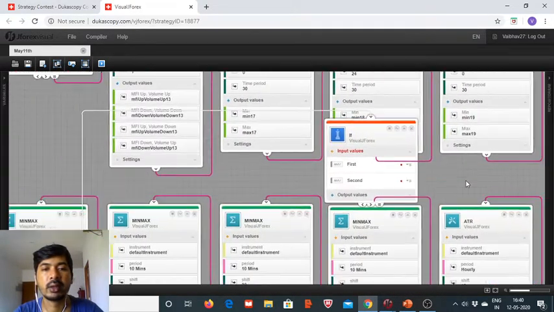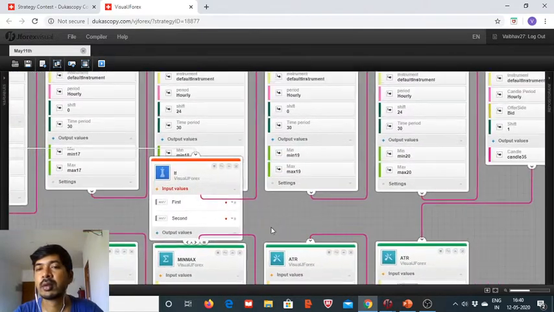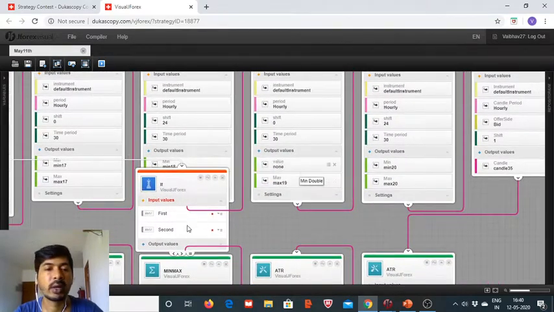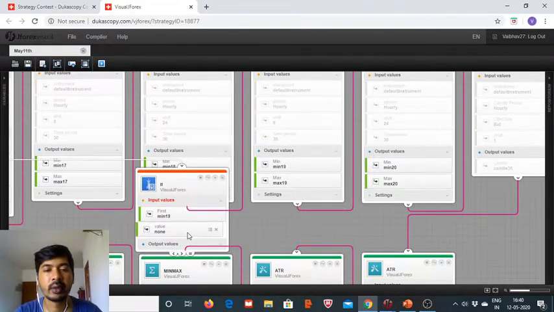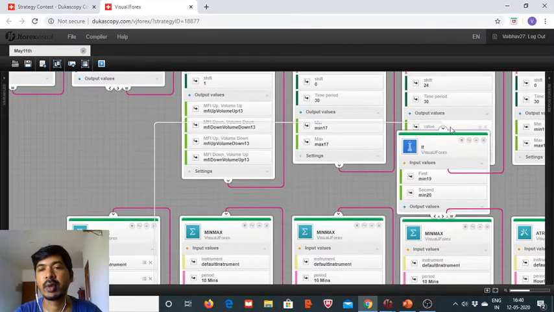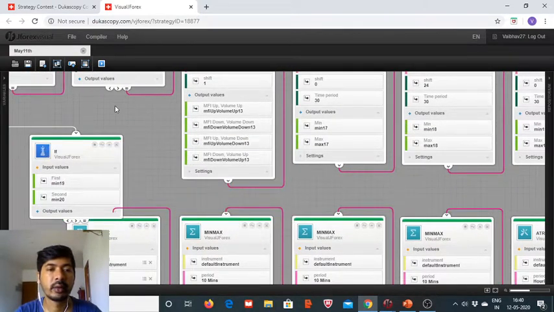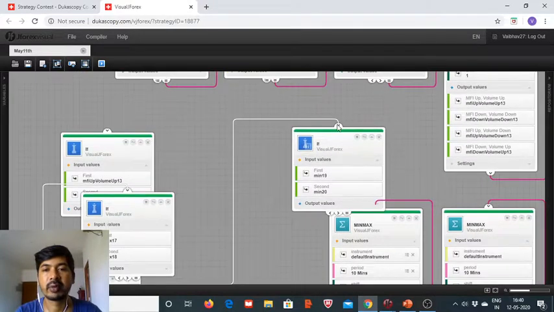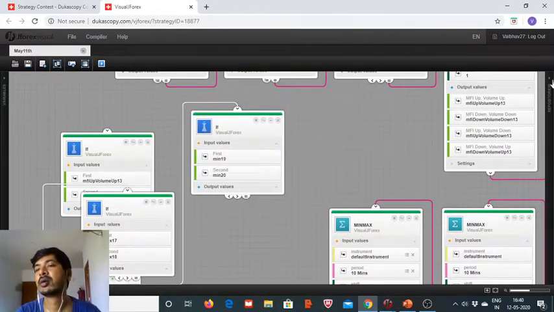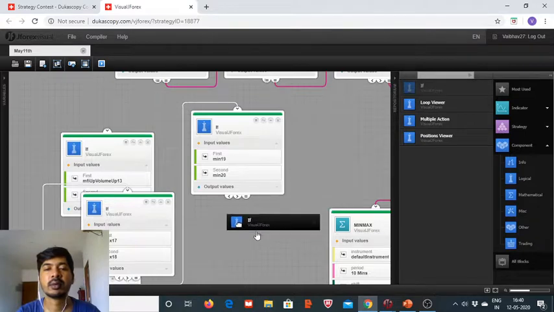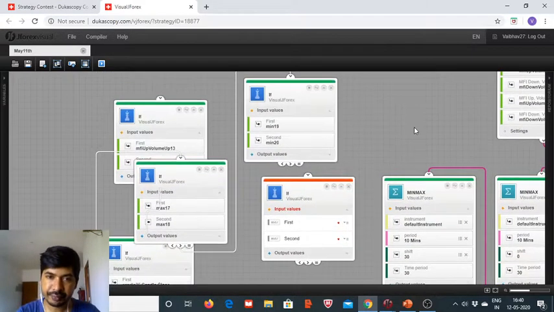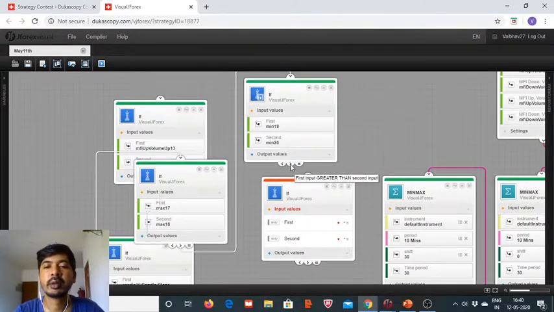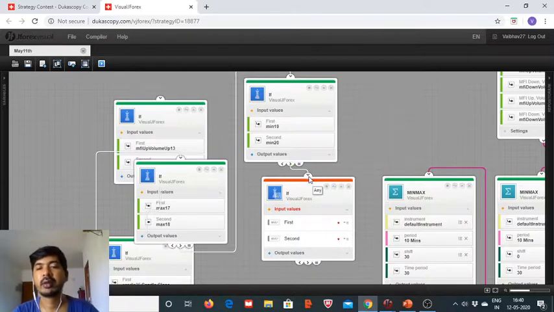So we take minima 19 and compare it to minima 20 and it should be greater. So we have defined these conditions. And this should be first input greater than second input.